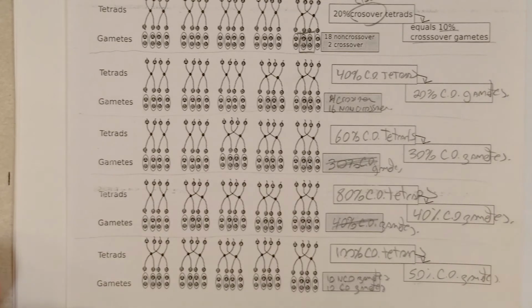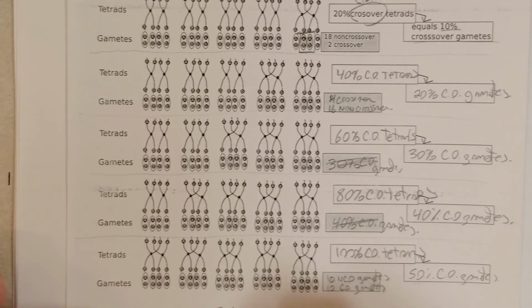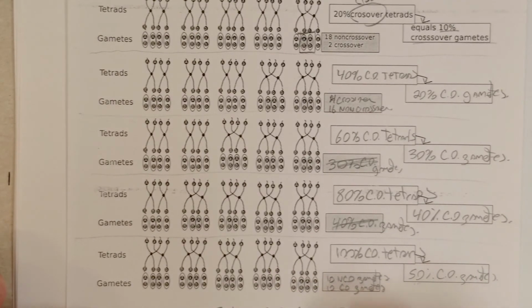So even if all of the tetrads experience a crossover event, at most half of the gametes can be crossover gametes. So that's why the theoretical limit, TL, of crossover gametes, COG, is 50%.